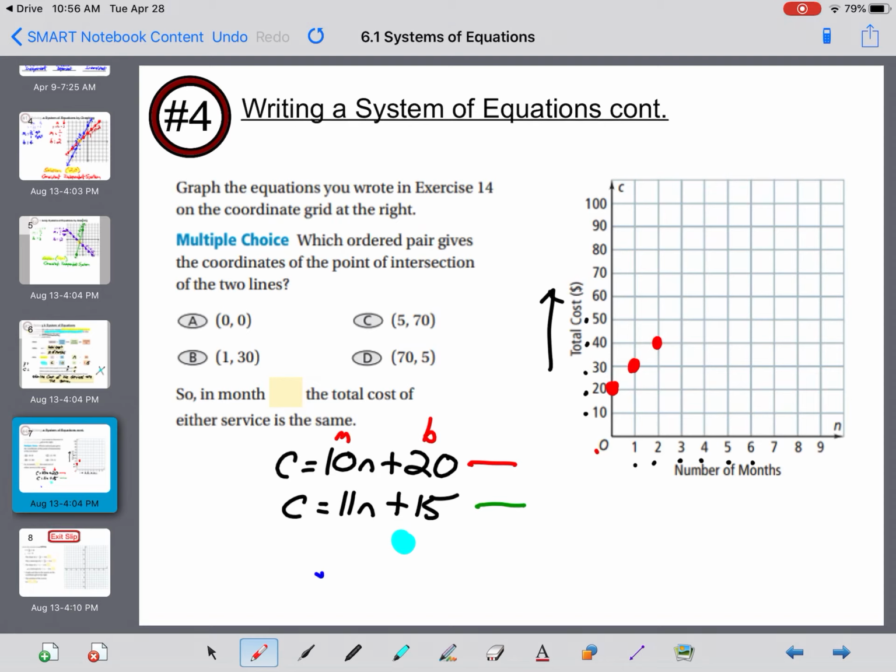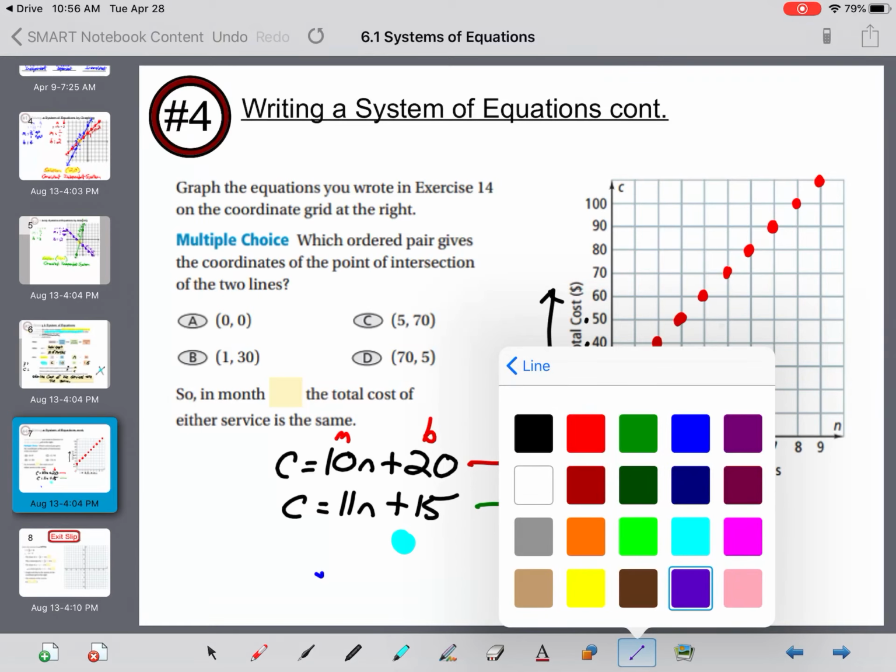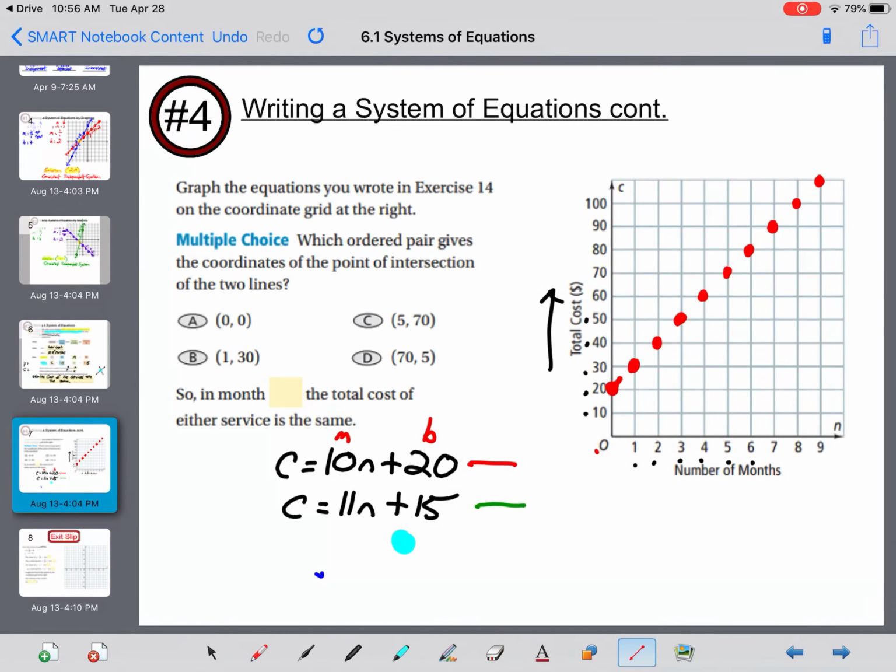So go up to 30 and go over 1. Up to 40 over 1, up to 50 over 1. And follow this pattern all the way through. Okay, now we can connect these points. And here is the graph and the cost for service 1.